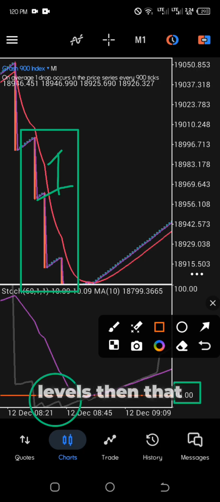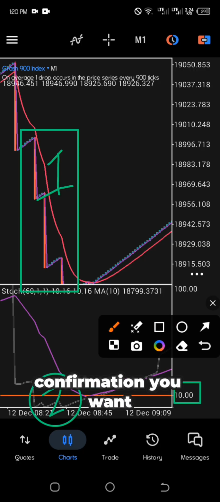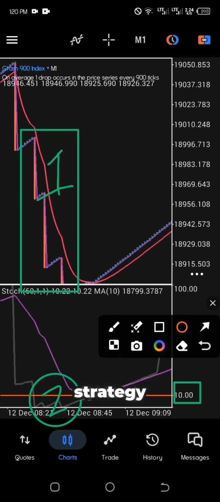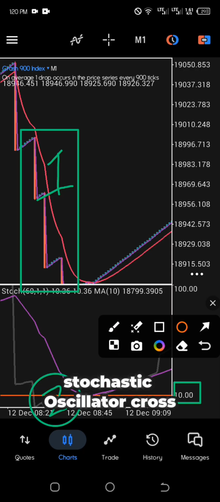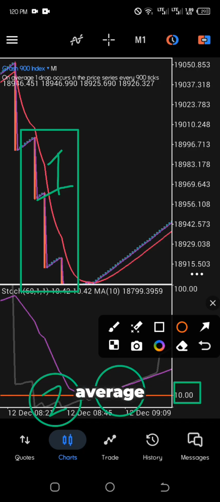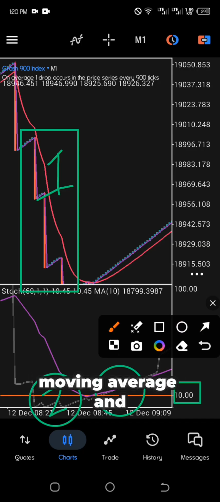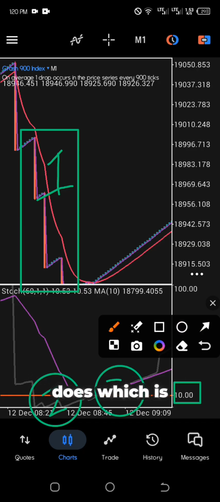If it is below the 10 level, then that is the second confirmation you want to see when using the strategy. Now the third confirmation is, does the stochastic oscillator cross above the moving average? Does the cross happen between the moving average and the stochastic oscillator? Yes, it does, which is the third confirmation we are looking for. Now the fourth confirmation is, does a candle cross above the moving average? Yes, it does, and that is where we are going to enter the trade.